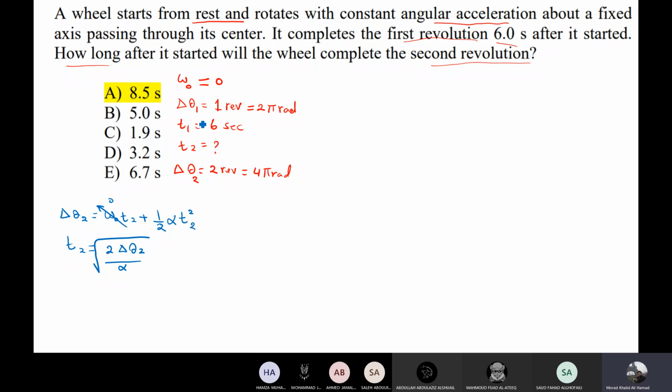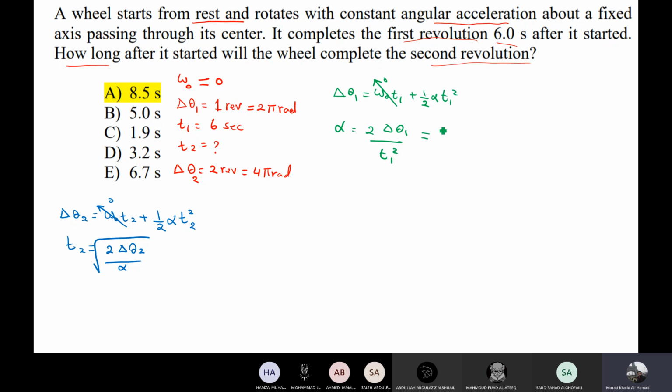Here we have another given, for the first revolution. Using the first revolution information, we can similarly say delta theta 1 is equal to omega 0 T1 plus half alpha T1 squared. Here we don't have omega 0, it is 0. So alpha is equal to 2 delta theta 1 over T1 squared.